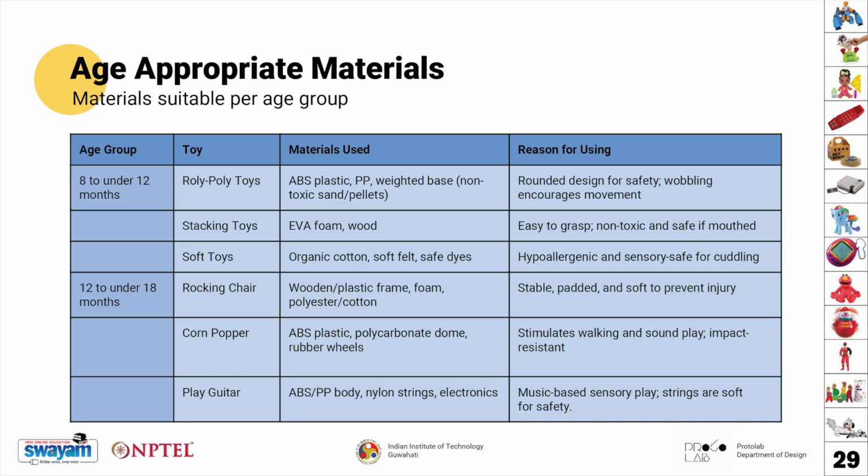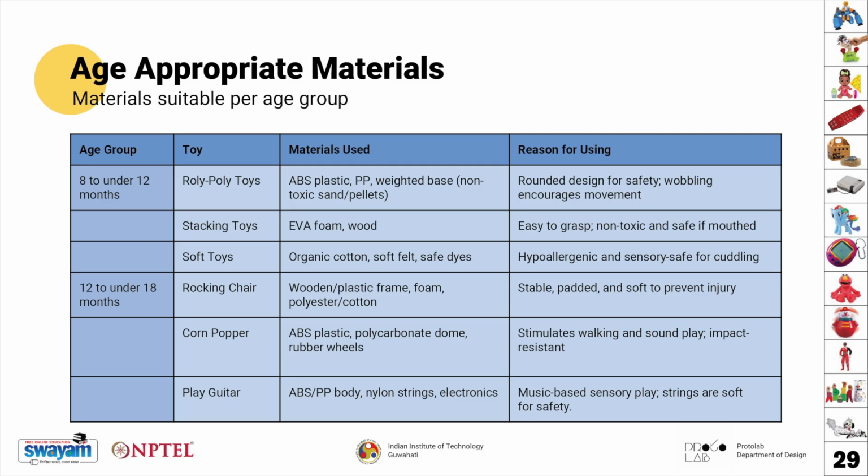Since babies often explore objects by mouthing them, the materials must be safe and smooth. Soft toys are also popular at this stage. They are generally made from organic cotton, soft felt, and safe dyes. These materials are hypoallergenic and gentle, making them suitable for cuddling and sensory comfort.